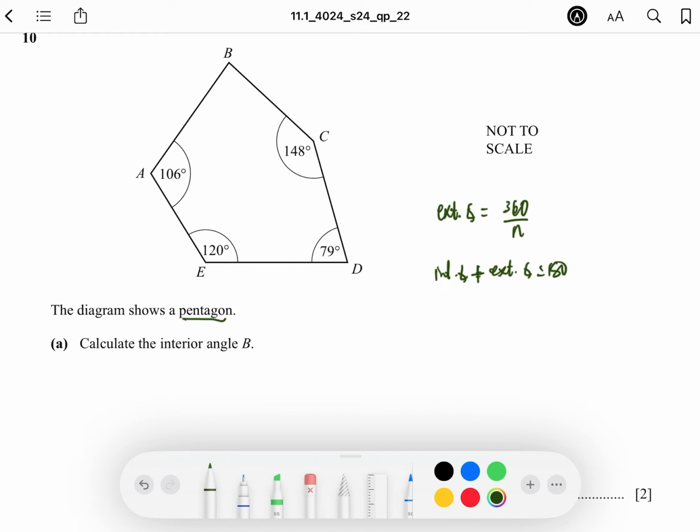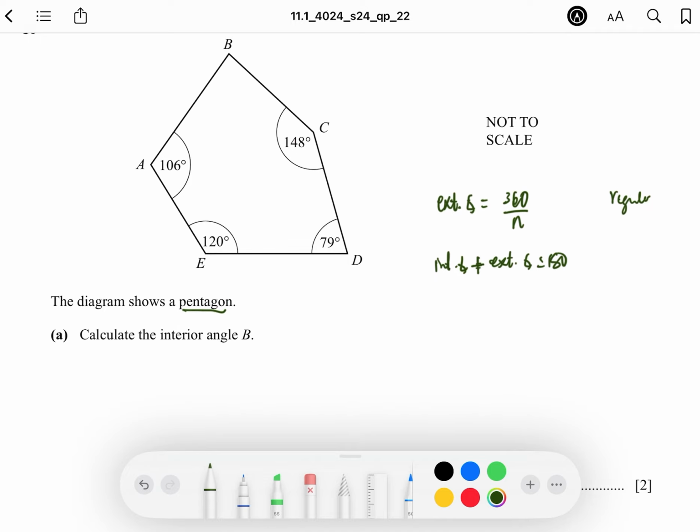And just remember that regular polygon have all equal sides, all equal angles. Okay, so calculate the interior angle of B. First we can find the value.